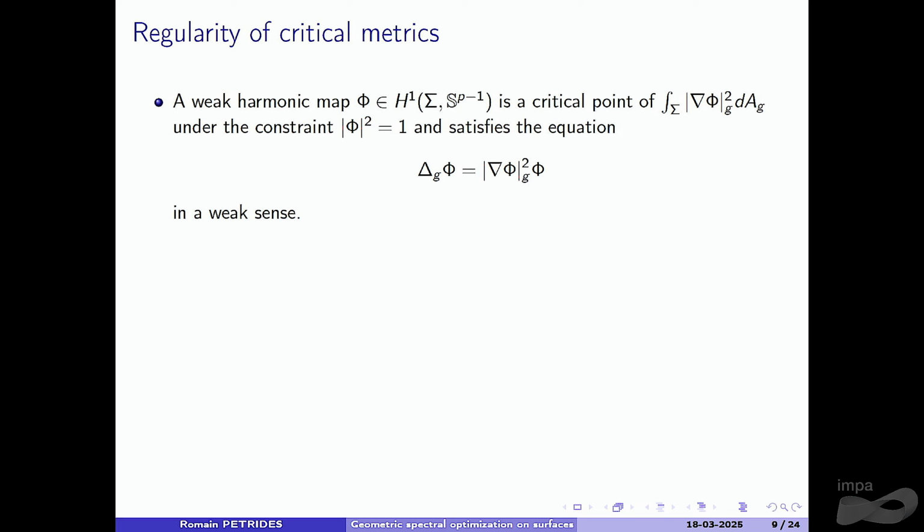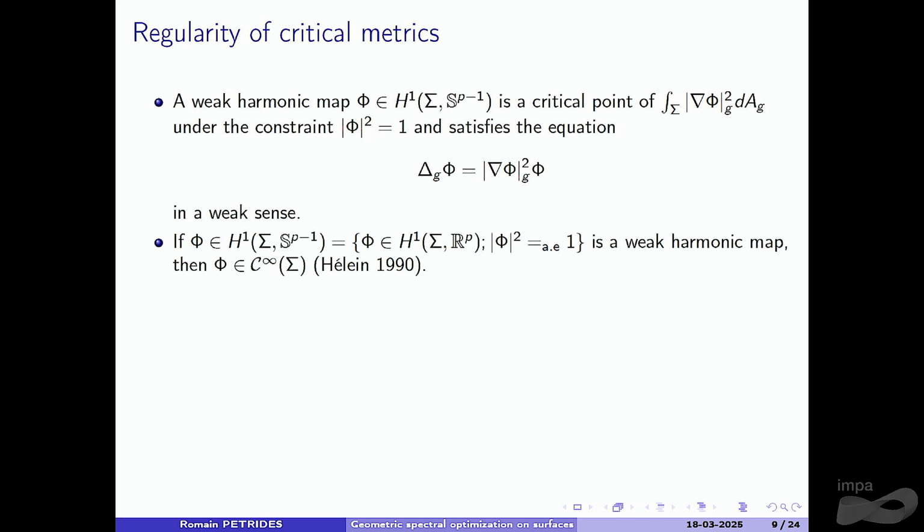And if you compute the Euler-Lagrange equation, it is this one. You can do it in a weak sense. You take your favorite variational space, which is the Sobolev H1, which is convenient for Dirichlet energy, and you can formulate this Euler-Lagrange equation in this space.